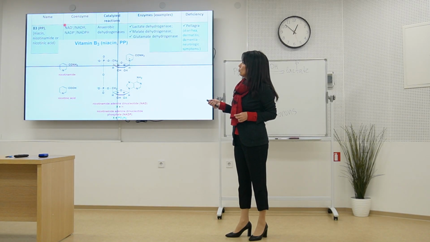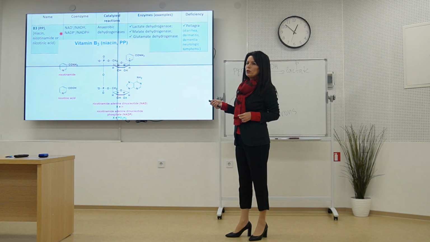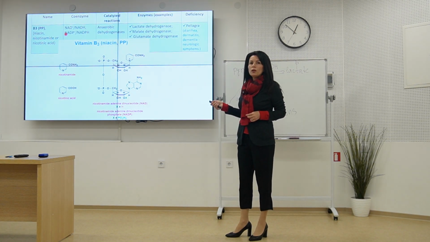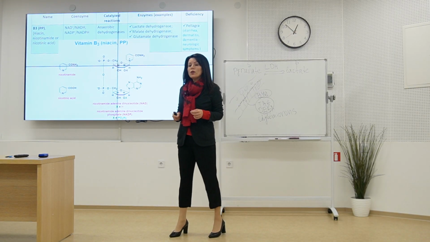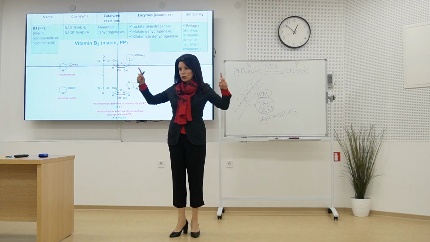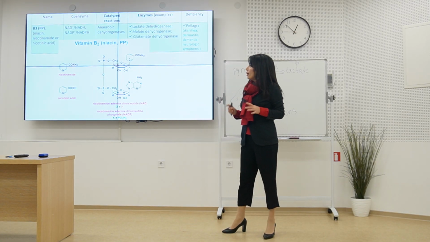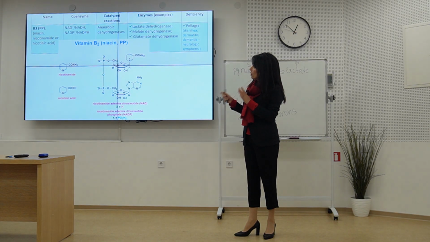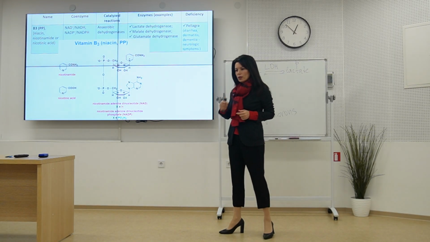There are two possible cofactors, NAD, which can be reduced to NADH, and NADP, which can be reduced to NADPH. Again, redox pairs, again reactions of oxidoreduction, but exactly about these two pairs, you need to know the direction of their use.